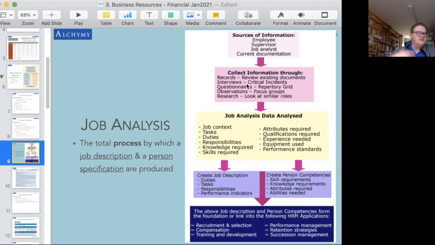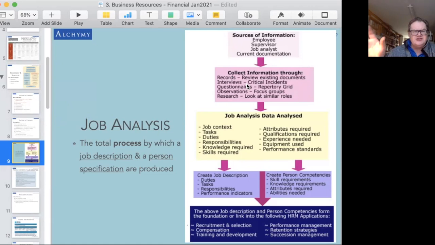Okay, so we might look at some cultural or some behavioral issues. We might, of course, look at certain qualifications. We need a pharmacist, so you have to have your license. We need a heavy goods vehicle driver, so we need somebody with an HGV license, which is not just like driving a car, it's like driving a semi-articulated vehicle. We need people with experience using this equipment or that equipment, and so on.